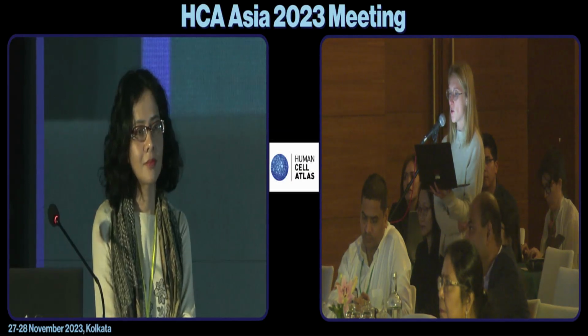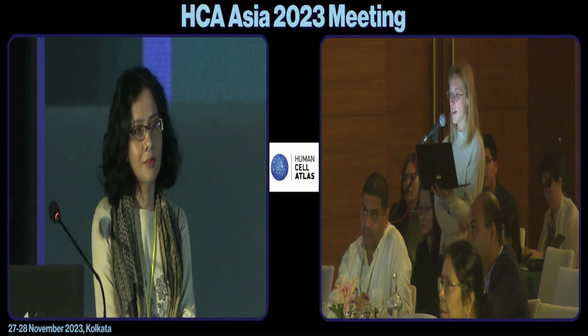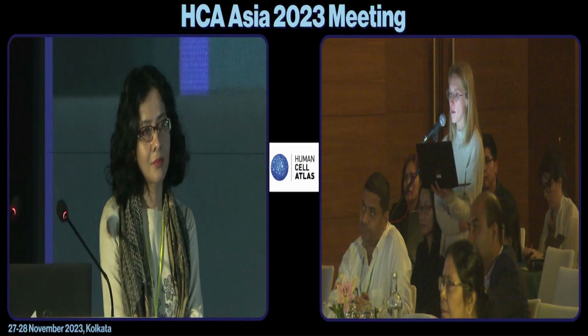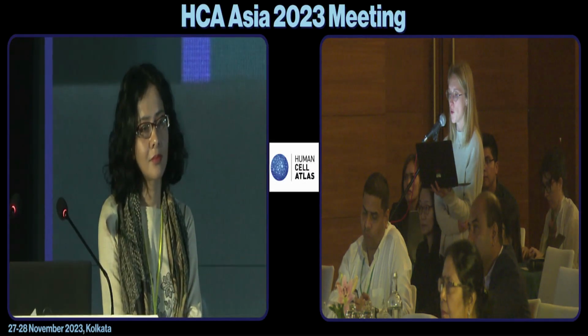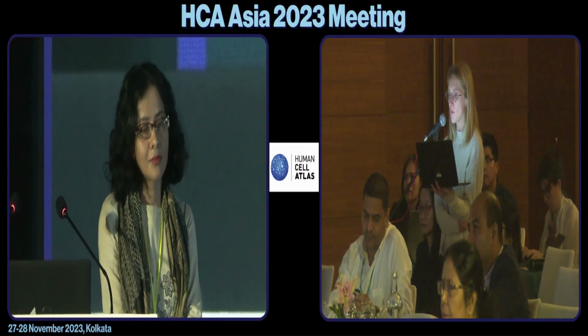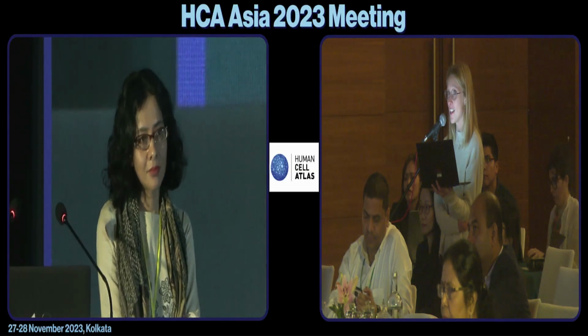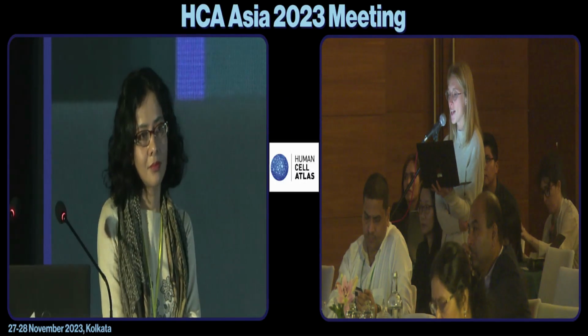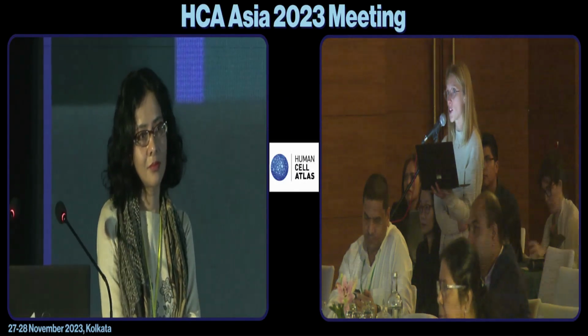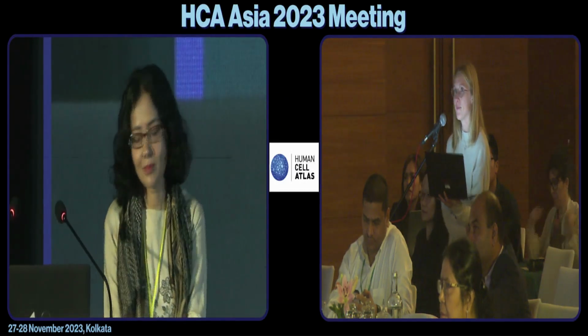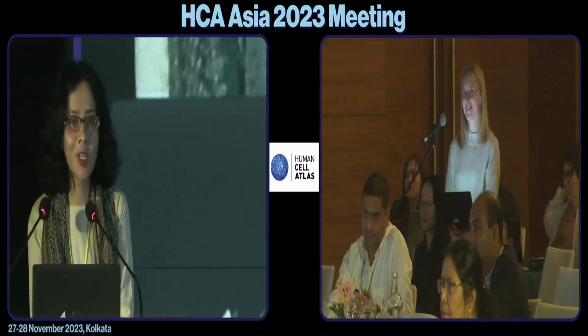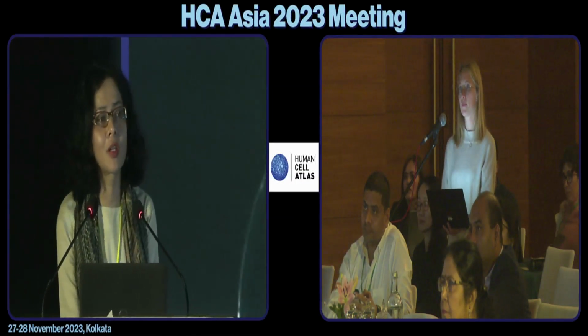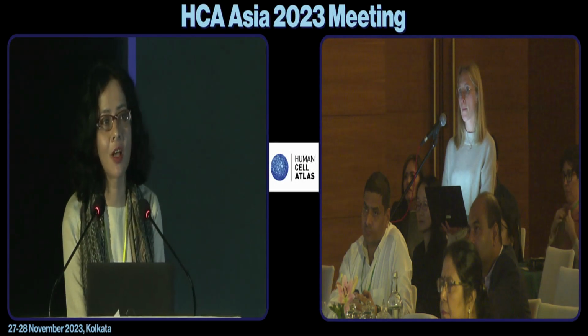I have another question from a member of the virtual audience: if we only use single cell or single nucleus data, and we don't consider post-transcriptional, post-translational modification processes as well as metabolism, how can we expect that to reflect the physiological function of the cell? That's a very good question. I would say that we are not doing it because we don't have the technologies yet.